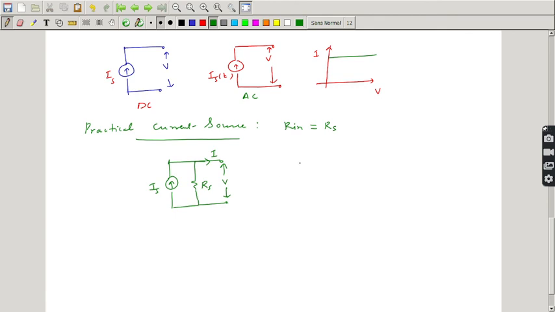This is the practical current source in case of DC, and in a similar way you can represent it for AC: IS of t, and this is ZS.